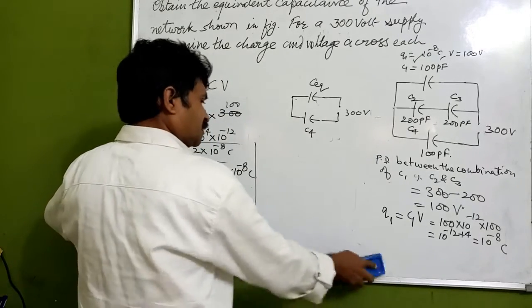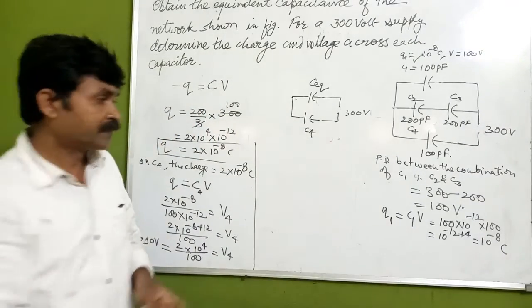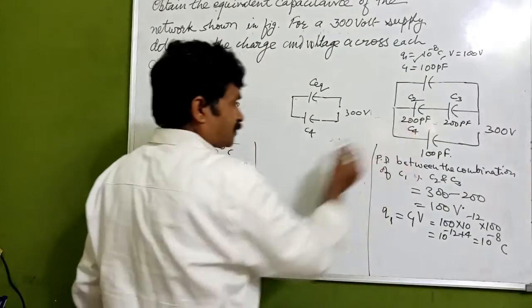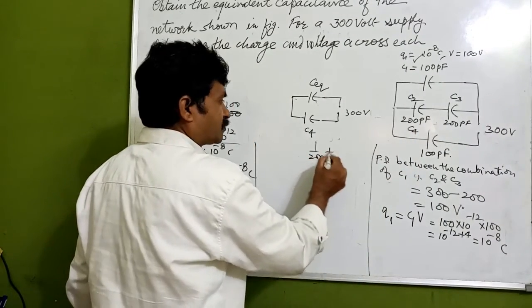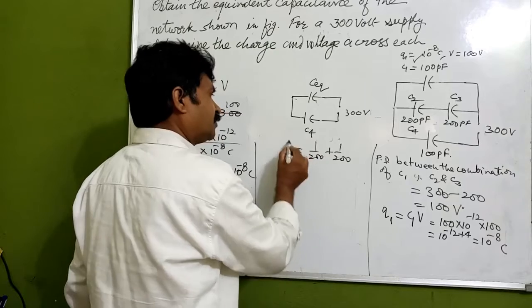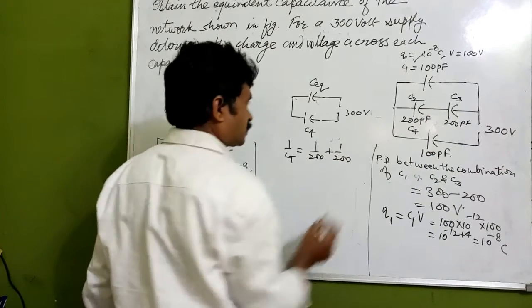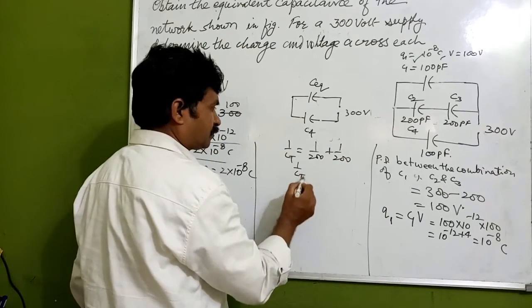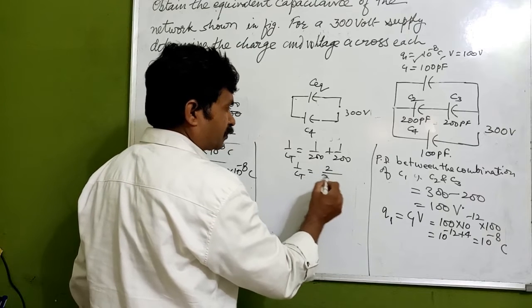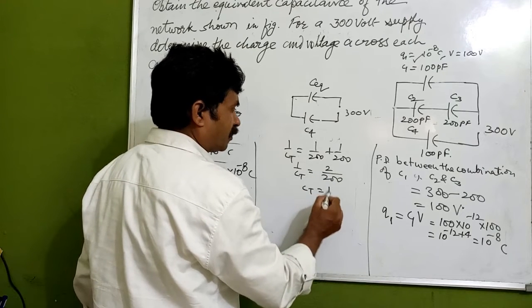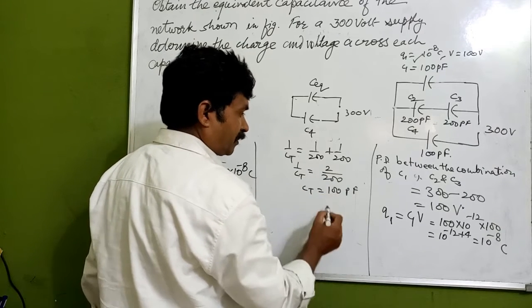So total capacitance, that is 1 upon 200 plus 1 upon 200. This will give the total capacitance in this combination. So 2 upon 200, CT will be equal to 100 picofarad.